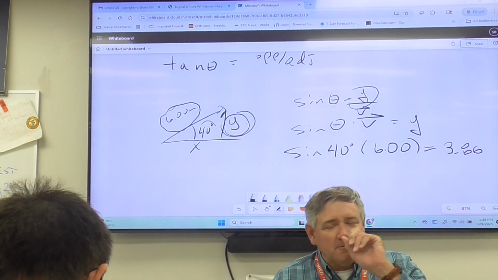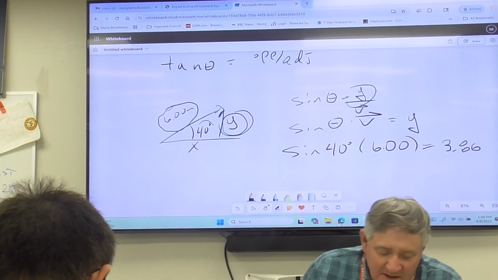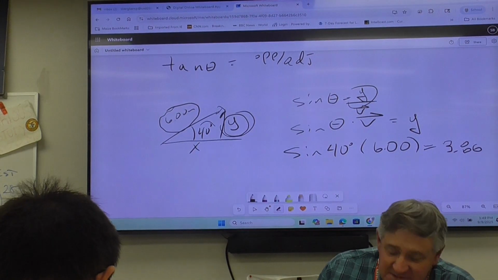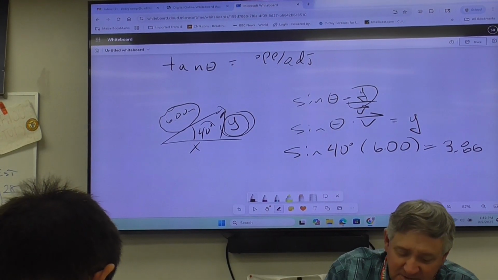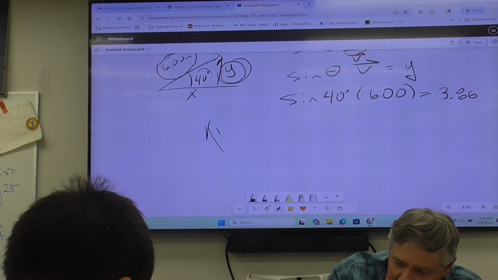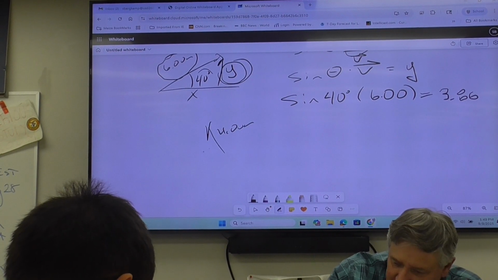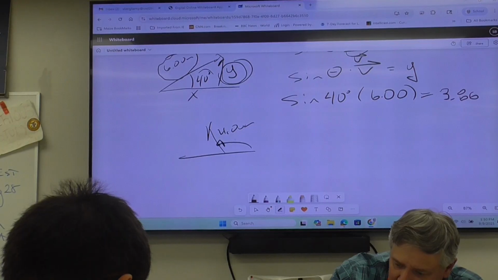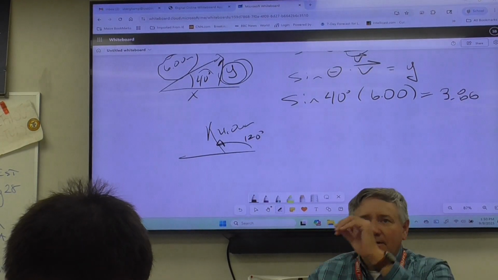Okay, so with that said, let's talk about what's relevant to you. So you have vector C, which is 4 centimeters at 120 degrees. Okay? Now, here's the thing.